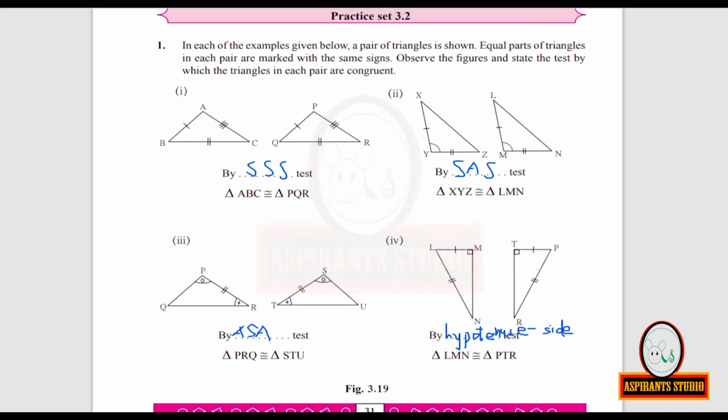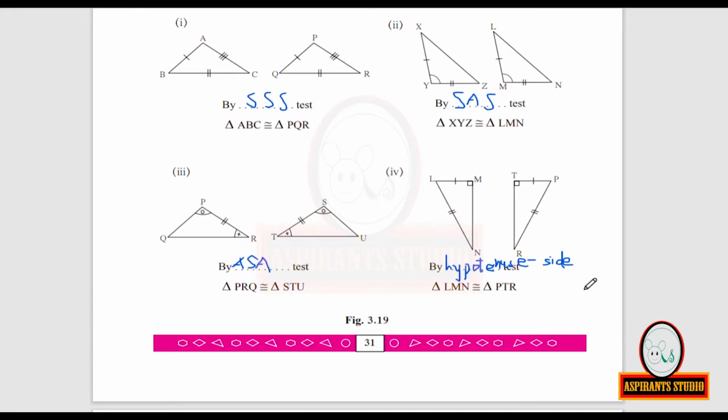By hypotenuse side test. I think you would have understood all this. Now, coming to the next question.